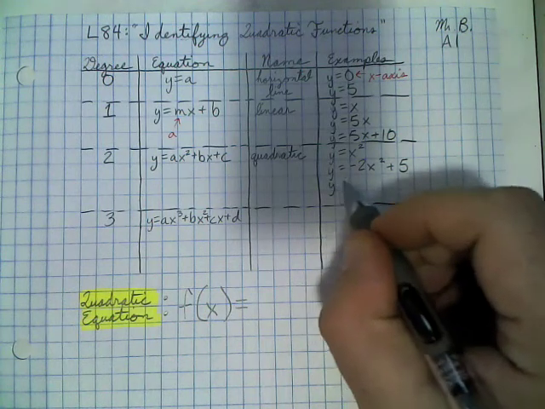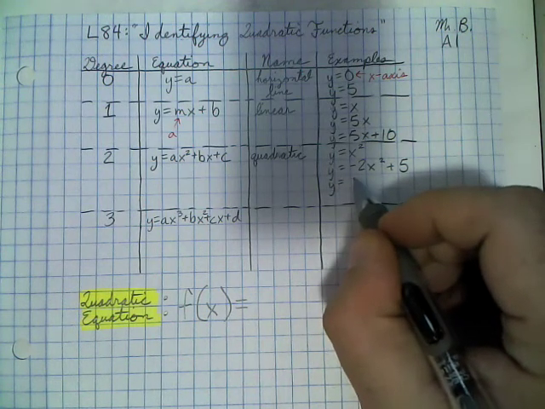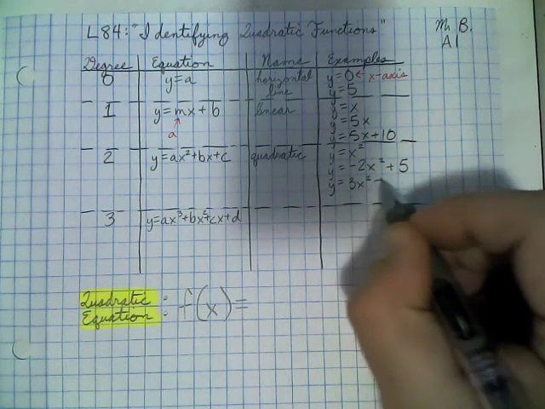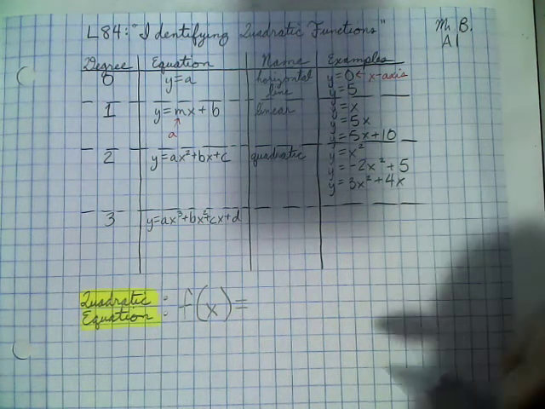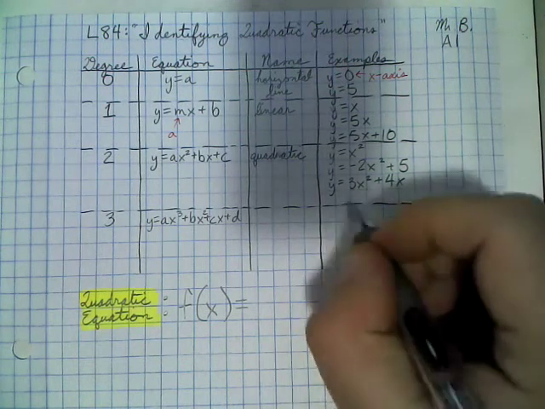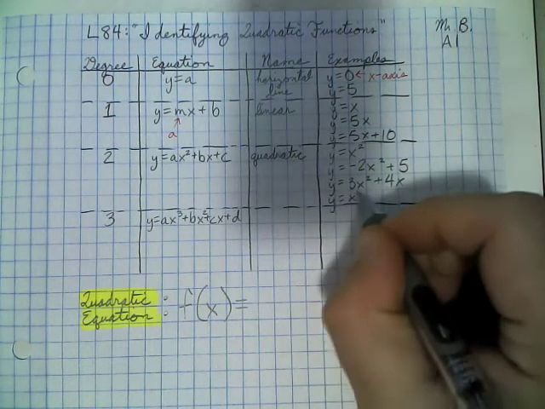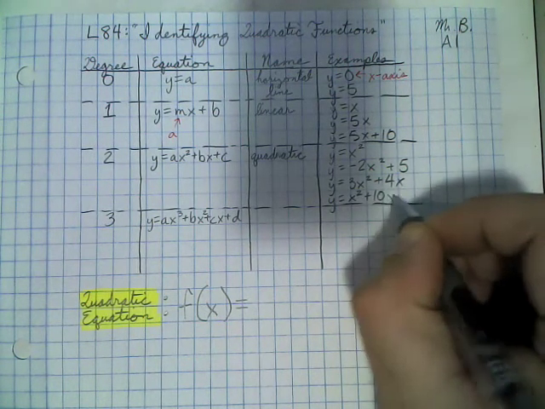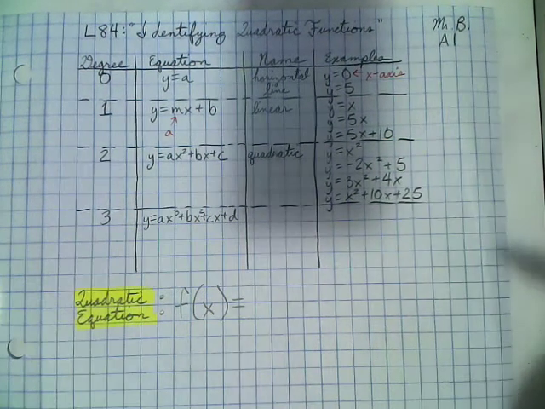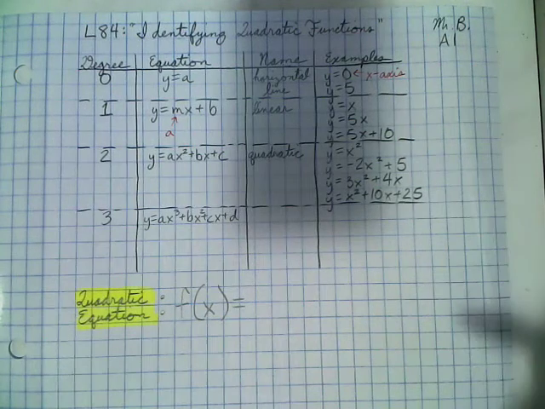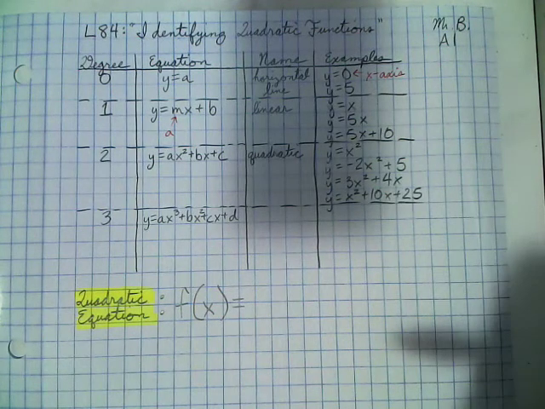I could have y equals 3x squared plus 4x. Instead we could be missing the constant term. That's all right. Y equals x squared plus 10x plus 25 could have all three terms. But the most important thing here is it's got to be degree 2. So the one thing that can't be missing is the x squared term.